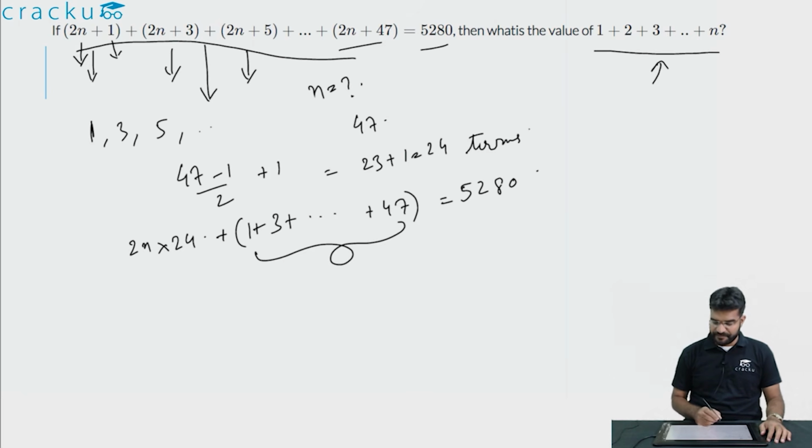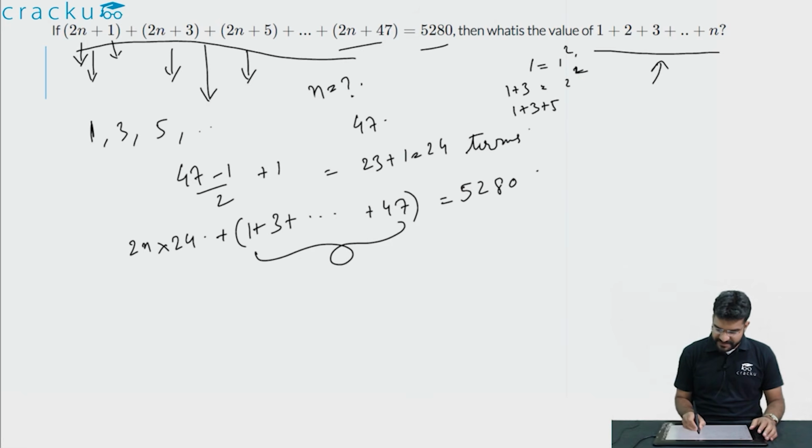There is a simple trick that you can remember, it is quite useful, which is that for consecutive odd integers starting from 1, their sum will always be a perfect square. So for example, 1 is equal to 1 square, 1 + 3 is equal to 2 square, 1 + 3 + 5 is equal to 3 square, 1 + 3 + 5 + 7 is equal to 4 square, and so on.